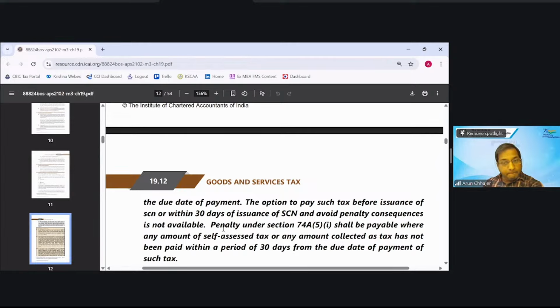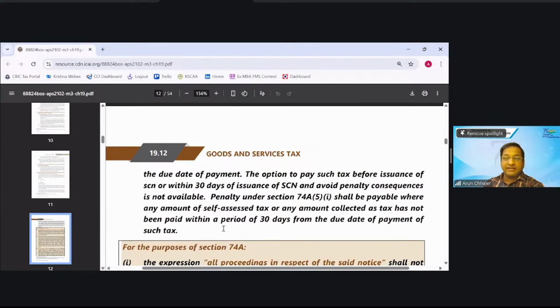See, try to understand. In this case, the pre-SCN intimation or within 30 days, 60 days, whatever the case may be, that is not available. अगर आपने 30 दिन में पेमेंट नहीं किया तो penalty is leviable.